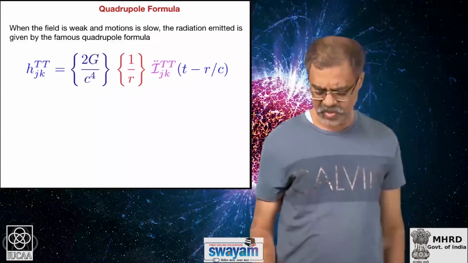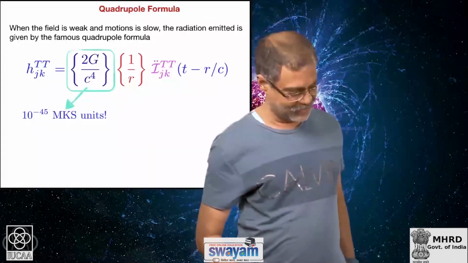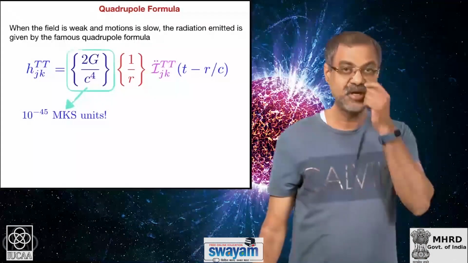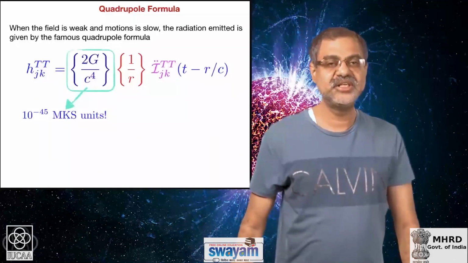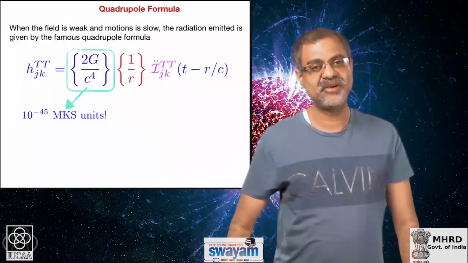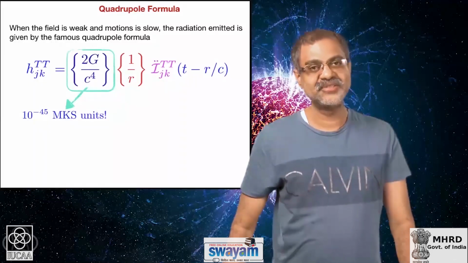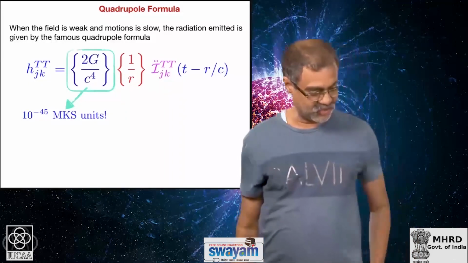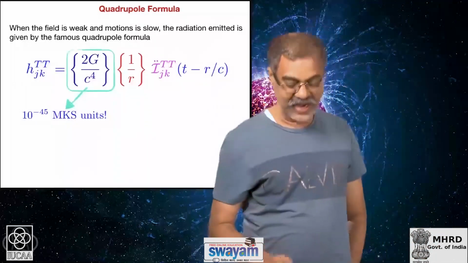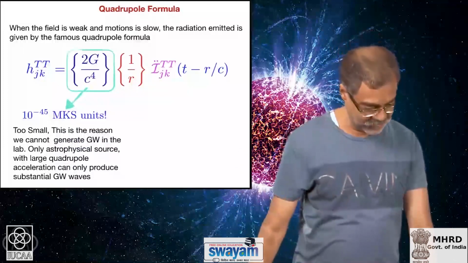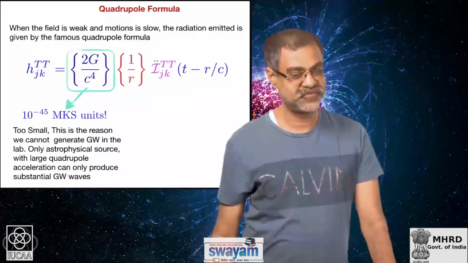The important point to observe here is the coupling coefficient, where two fundamental constants come in, G and C, the Newton's gravitational constant and the velocity of light, and the factor turns out to be 10 to the power minus 45 in MKS units, and that is very small. So, this is one of the main problems related to this field.